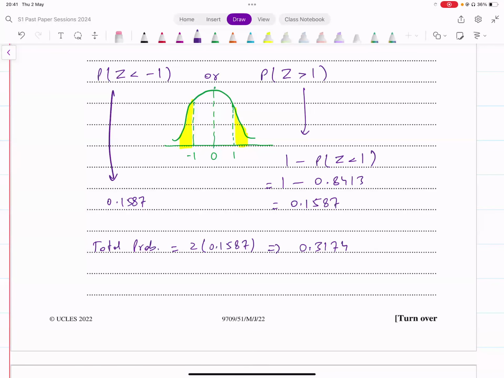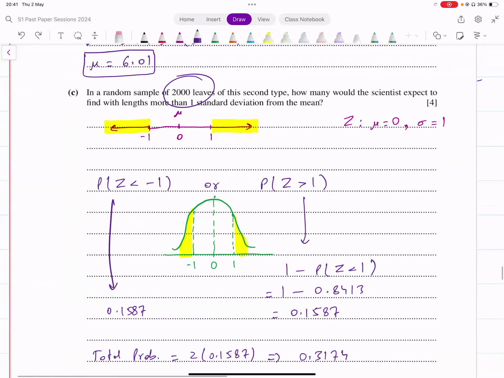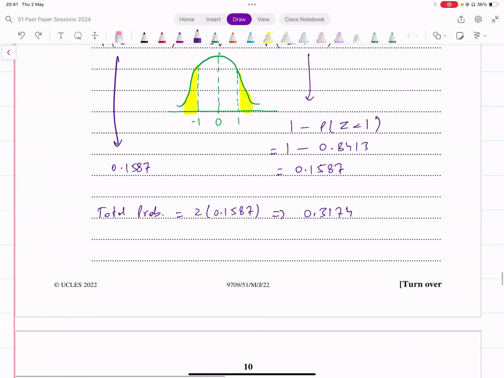Now, if you had 2,000 leaves, how many of them would you expect to satisfy this criteria? Just multiply this number by 2,000. 2,000 into 0.3174. What do we get from that? 634.8.